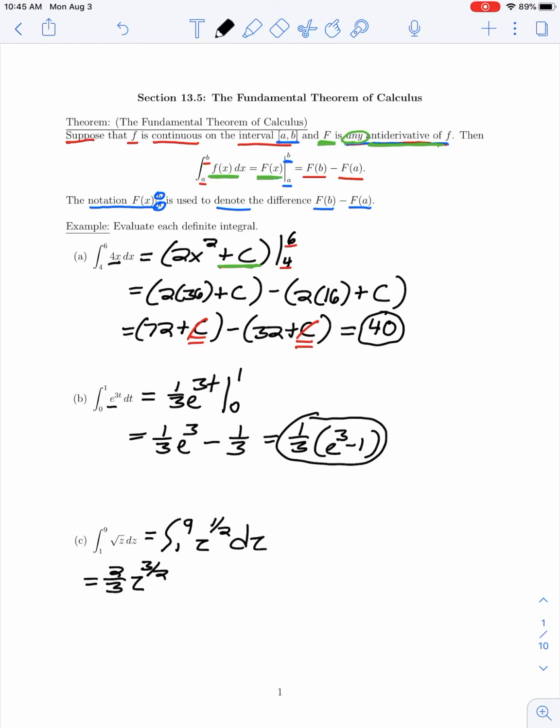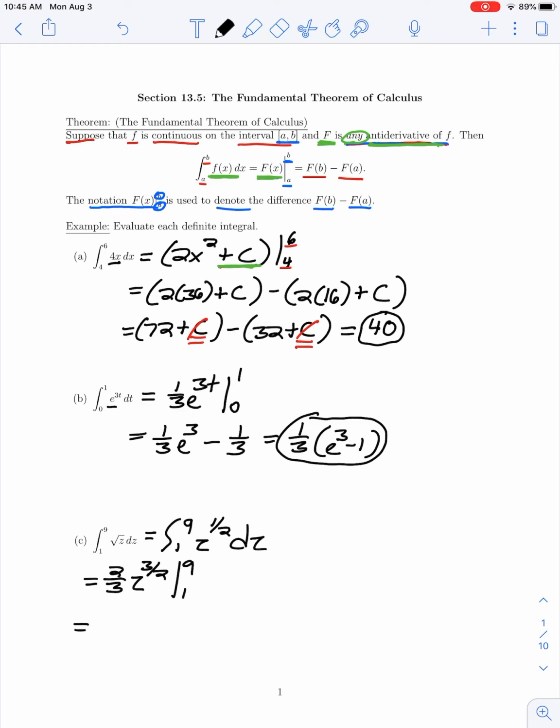So once we have our antiderivative, and recall we no longer need the plus c if we're working with a definite integral, we are going to evaluate at the endpoints 1 and 9.